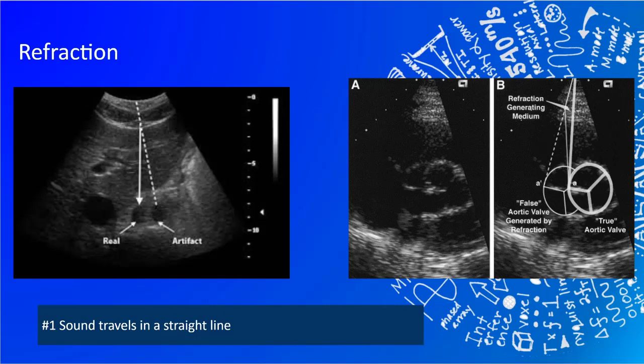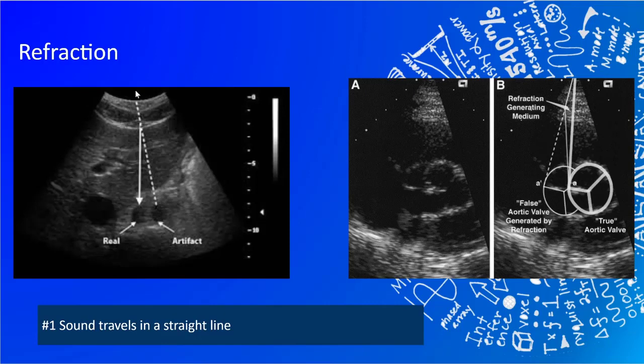And the machine thinks that that refracted information is coming from the main scan line that was originally sent out, but because it is not, it gets displayed as a second area.